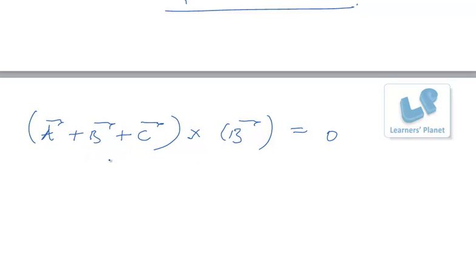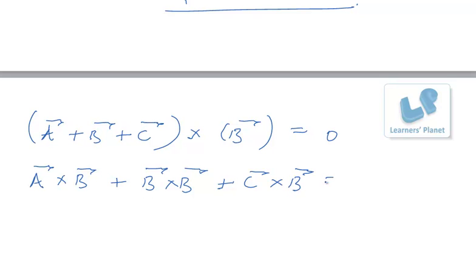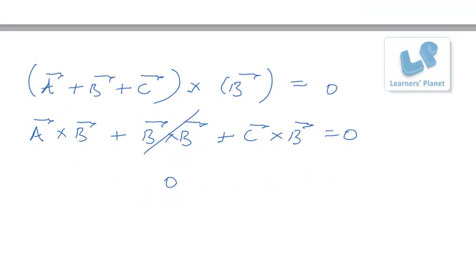Now this expression can be written as A cross B plus B cross B plus C cross B, which is equal to 0. Now B cross B will be 0, and C cross B can be written as minus of B cross C.